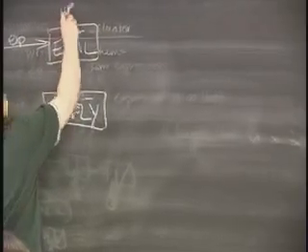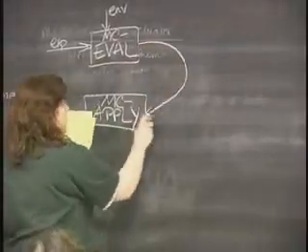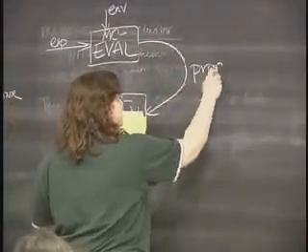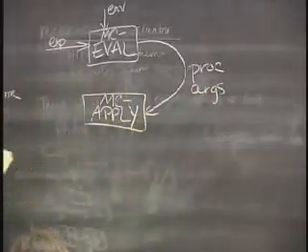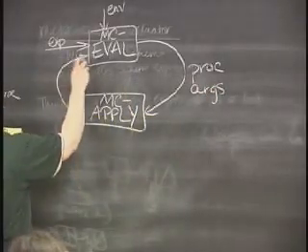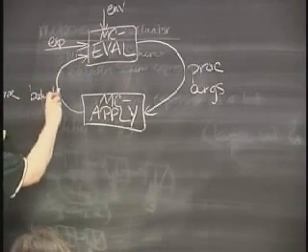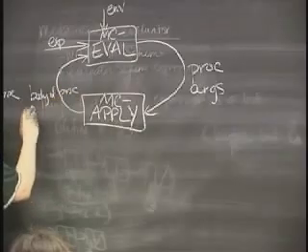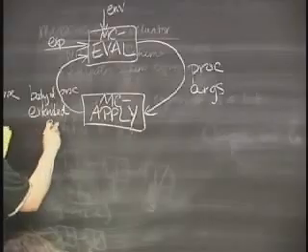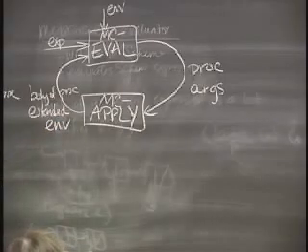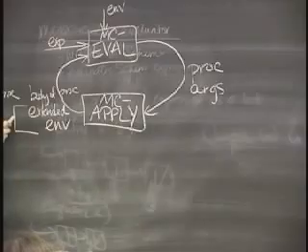It also takes in an environment, and it passes a procedure and arguments to MC apply, which then passes back to the evaluator the body of the procedure and what we're going to call an extended environment.